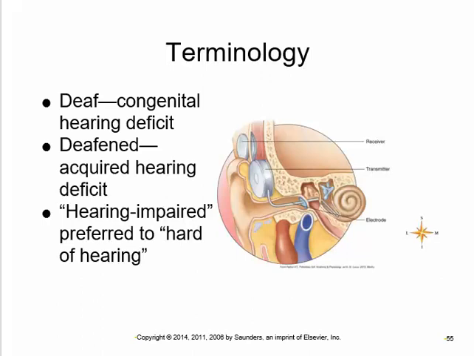I don't know, there's probably some political correctness creeping into this as well. But nevertheless, that's the correct terminology. Hearing impaired is the term. When I was in school, hard of hearing was the preferred term. Again, these things follow a certain amount of fashion, I guess.